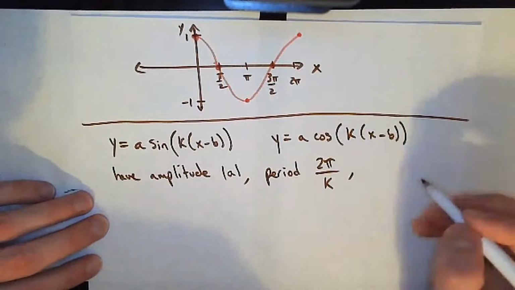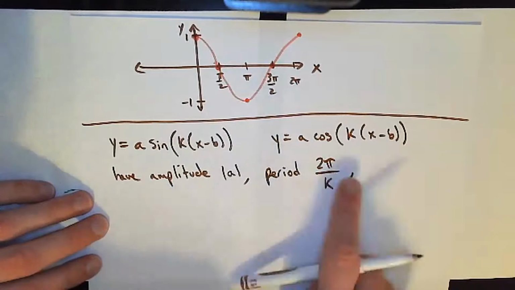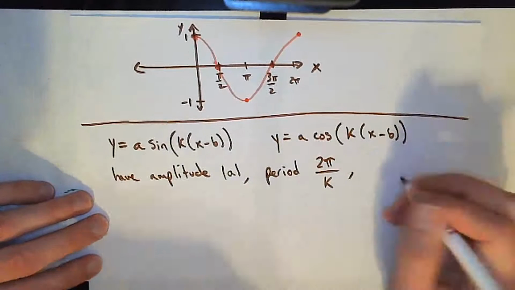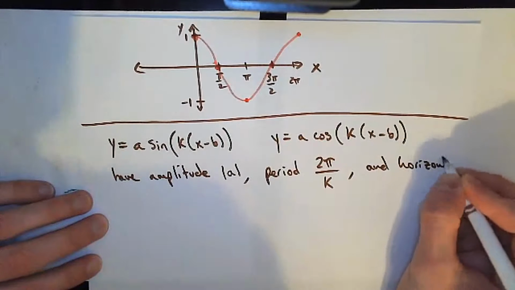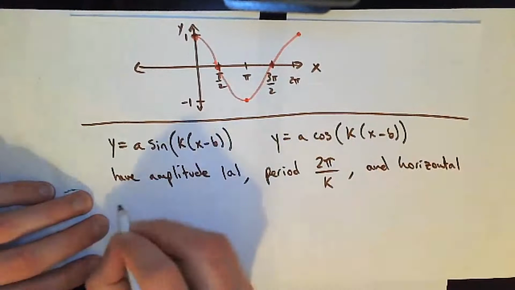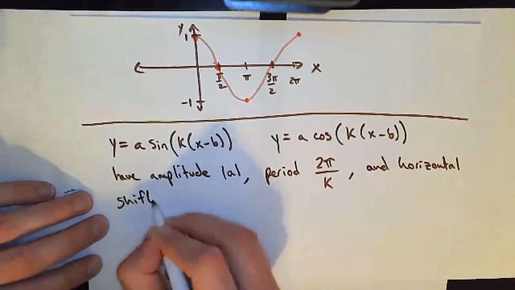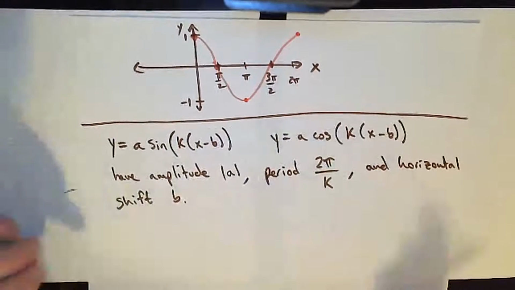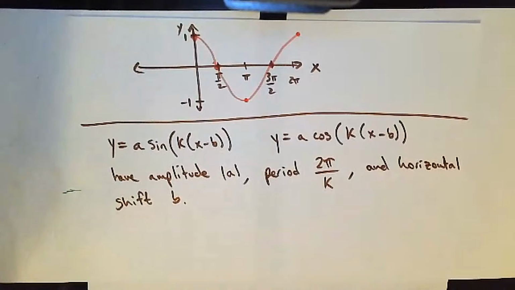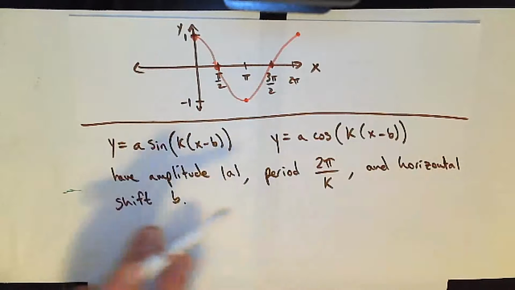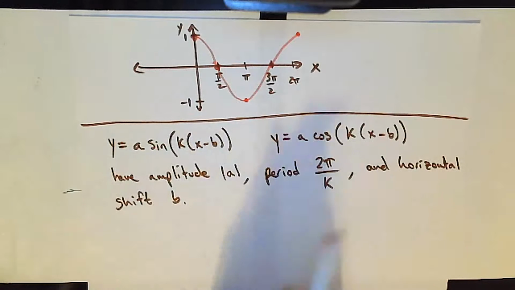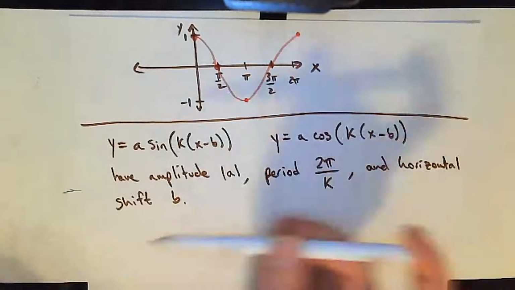And then we had the horizontal shifting, so these have amplitude, that period, and horizontal shift B. If it's minus B, then it's a shift to the right, like minus π/4 would be a shift to the right by π/4, plus π/4 would be shifting left.